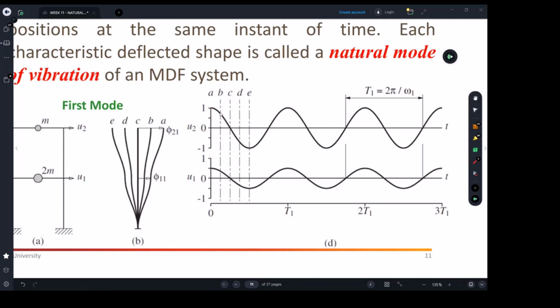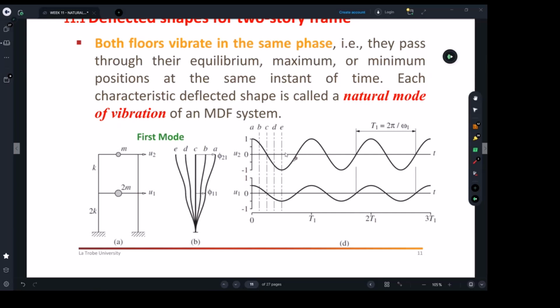Then we will have the same with reduced amplitude at B, then a bit more reduced at C. You see that we get this kind of harmonic motion over time, unlike what you would experience if the frame was pre-deformed in a non-natural mode shape, right? So it's going to be randomly vibrating. And here you've got the harmonic motion between the first floor and the second floor.